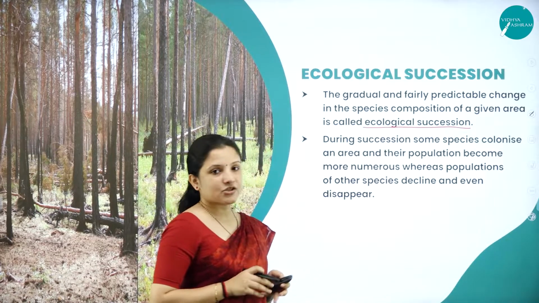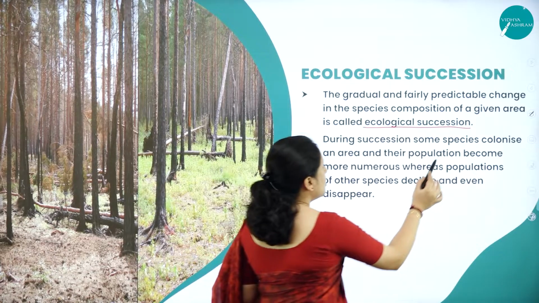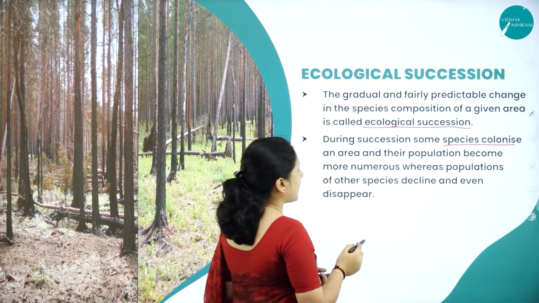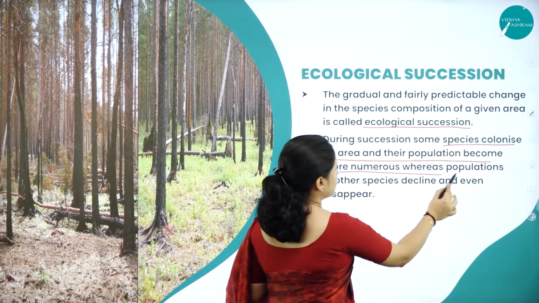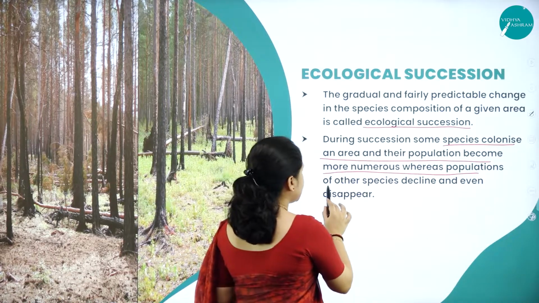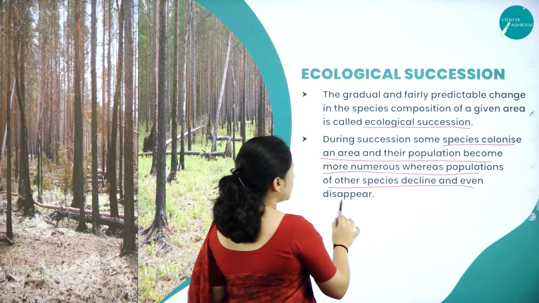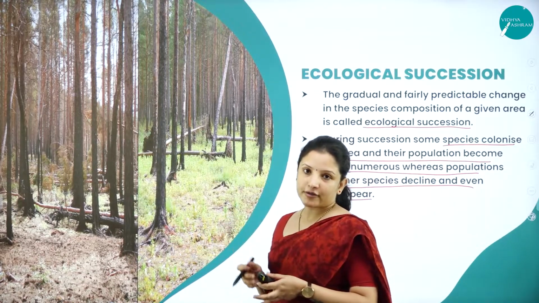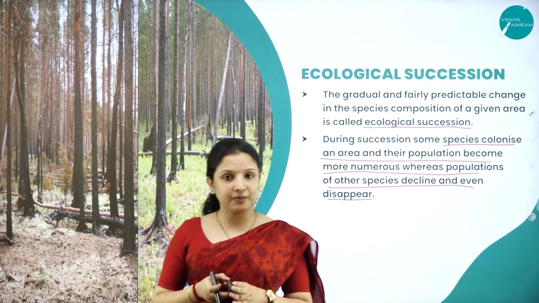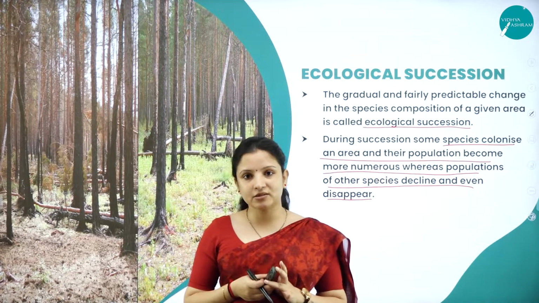So during succession, some species tend to colonize or occupy an area and their population becomes more numerous, whereas the population of other species declines and even disappears. Say for example, in a forest which has been burnt completely, the trees will disappear.